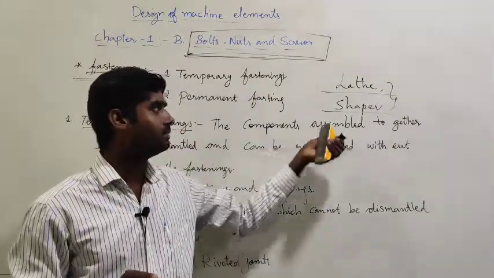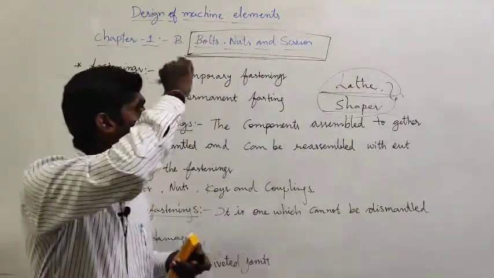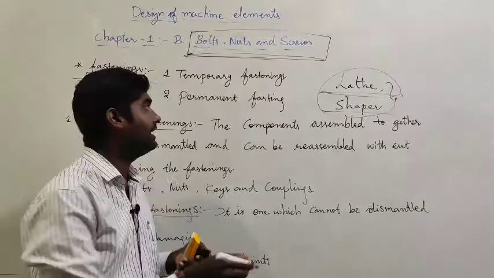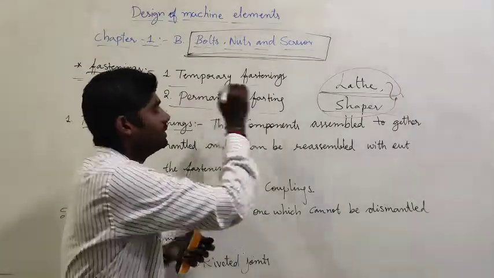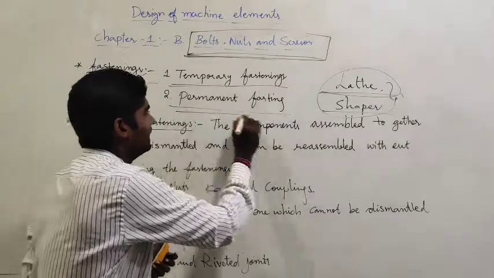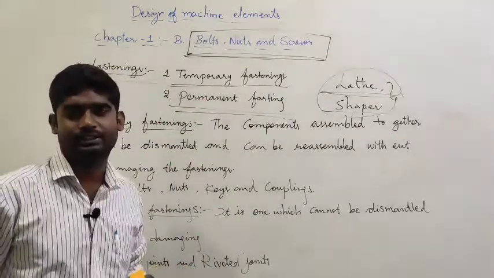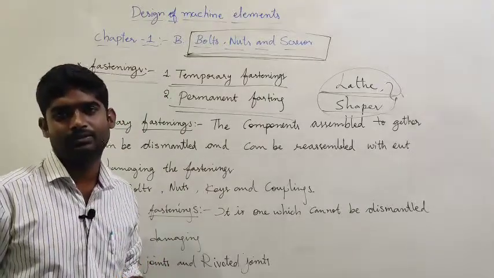We assemble these parts using fastenings. These fastenings are again divided into two types: one is temporary fastenings, another is permanent fastenings. What is a temporary fastening? What is a permanent fastening?